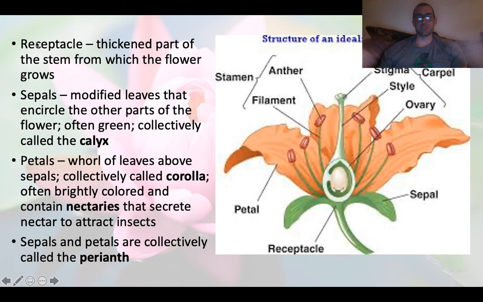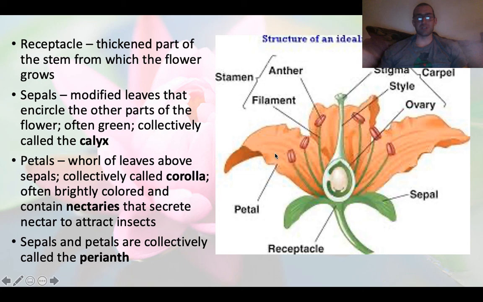Now, our flowers have a number of different parts. The receptacle is the thickened portion of the stem from which the flower will grow. Receptacles will be larger in some species than others. They may play a bigger role, as we'll see later on with the strawberry. We have sepals, which are modified leaves that encircle other parts of the flower, and collectively the sepals will be called the calyx.